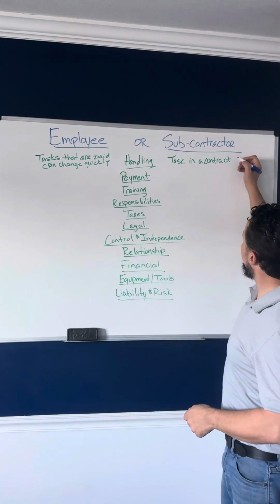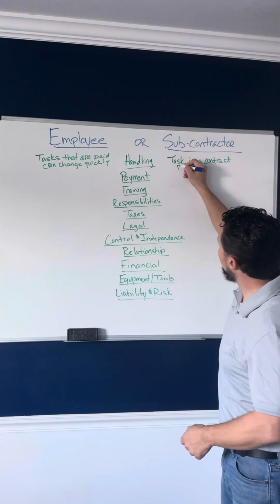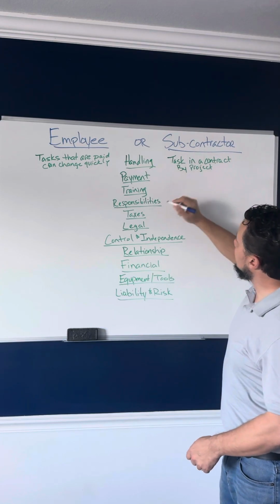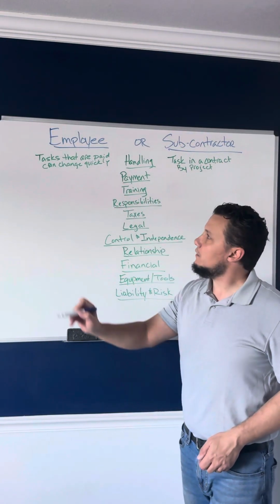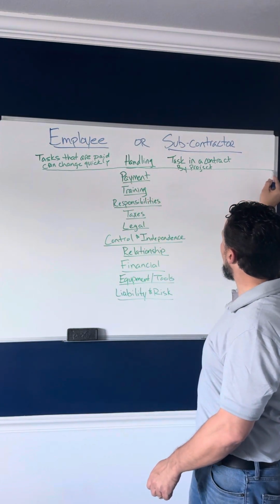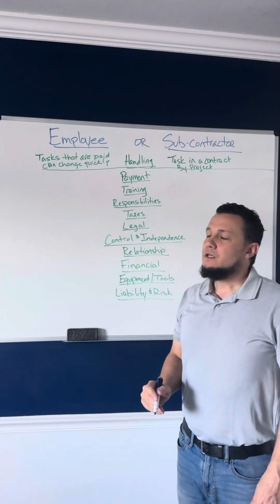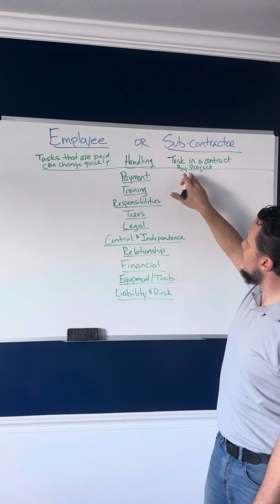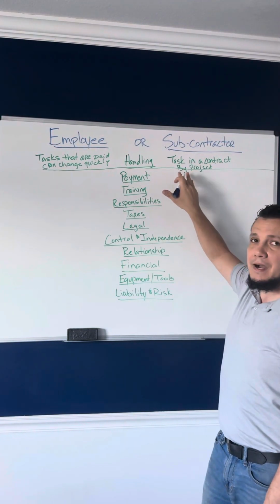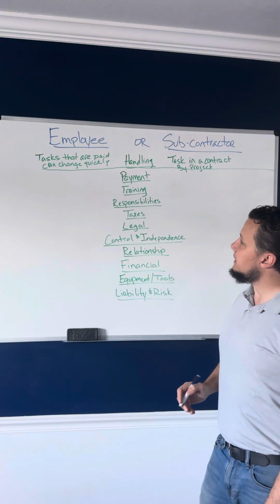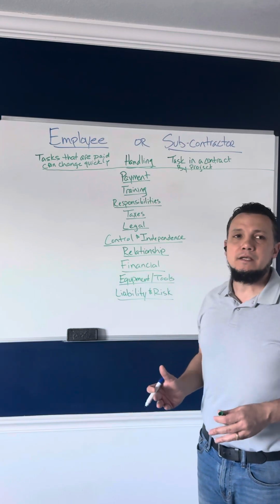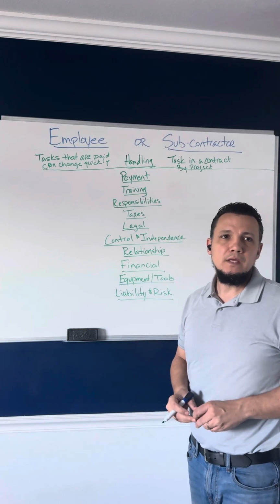This is done by project. So unlike an employee where you can change their tasks throughout the day, throughout their employment, you only have certain tasks for a subcontractor to do by the project. If there are any changes, then you must amend your agreement with them.